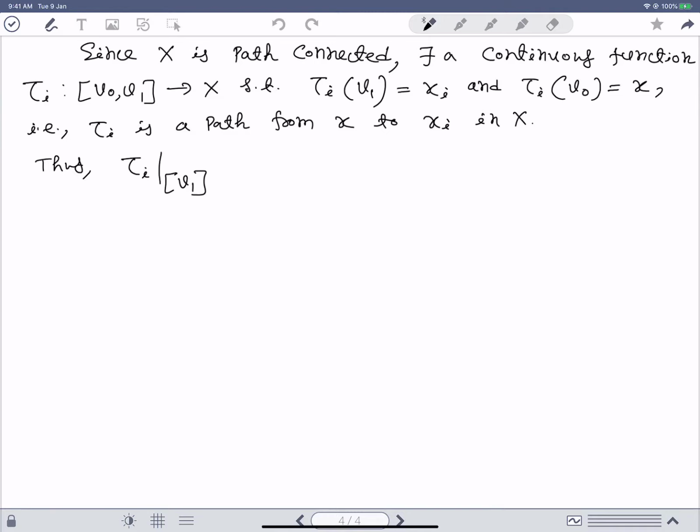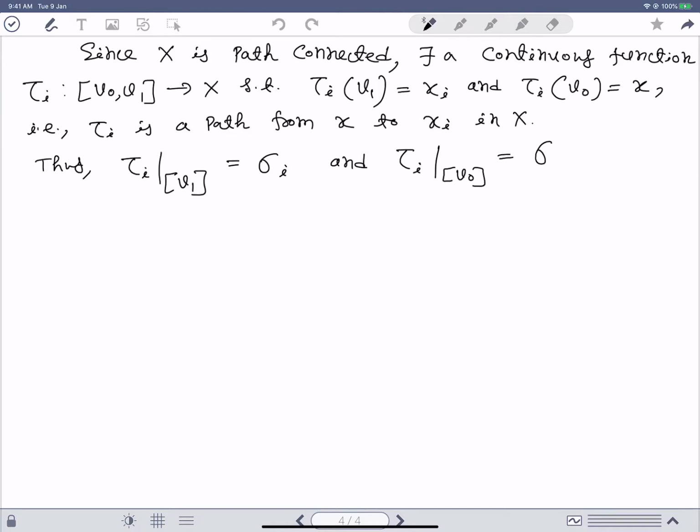But we know that any singular 0 simplices whose image is x_i is actually sigma_i, right? So this is my sigma_i, and if we take tau_i restricted over v0, then this is sigma 0, right? Why? Because both are singular 0 simplices and whose images are same, right? And that image is just a vertex, so both are singular 0 simplices and the constant map, so they are same.